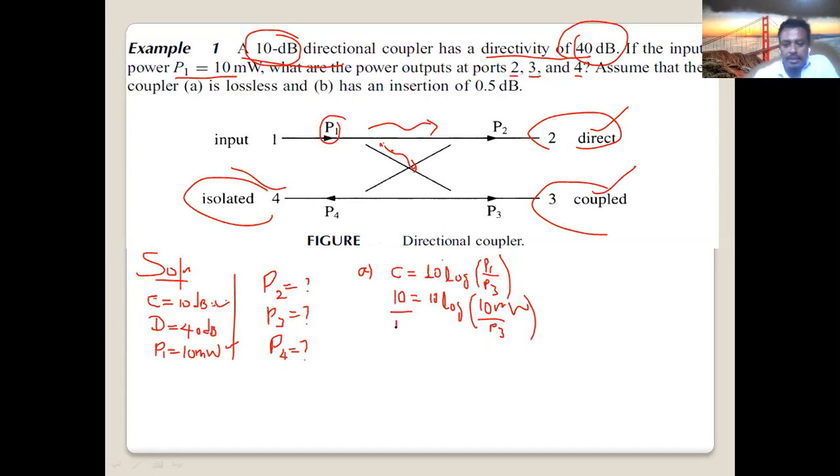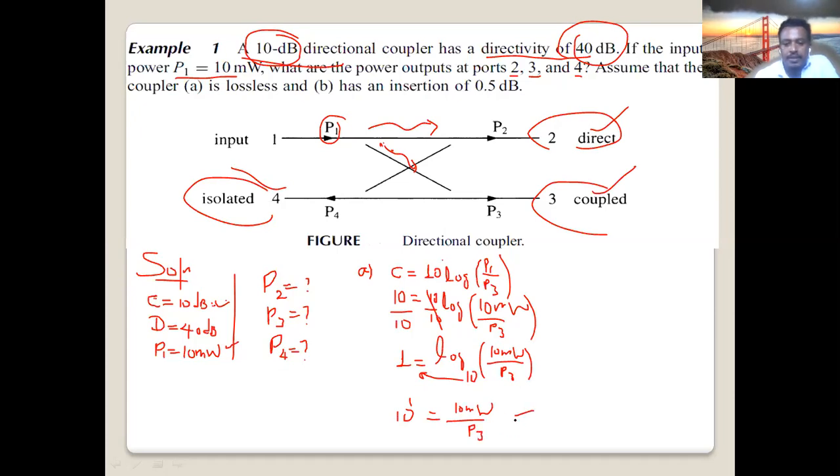To calculate P3, let's divide both sides by 10. So the 10 gets cancelled, and 1 is equal to log of P1, 10 milliwatt, divided by P3. This logarithm is base 10, so 10 to the power of 1 is equal to 10 milliwatt divided by P3.